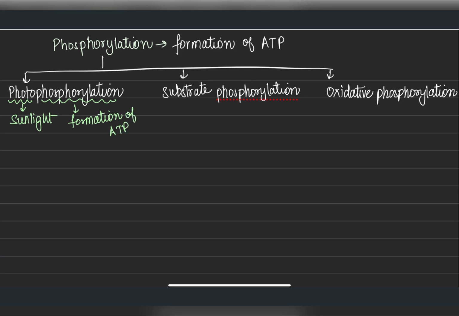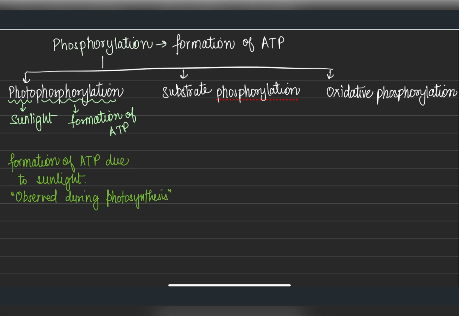So here the meaning of photophosphorylation is formation of ATP in the presence of sunlight, or that will not be very appropriate, we can call it due to sunlight. So this is observed during photosynthesis.